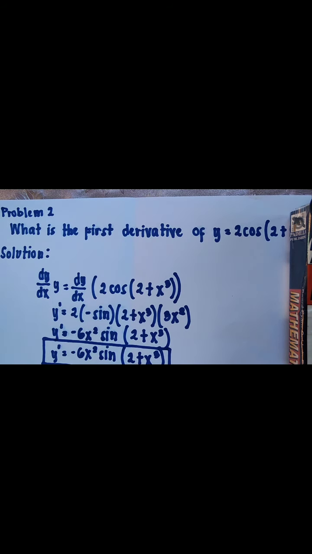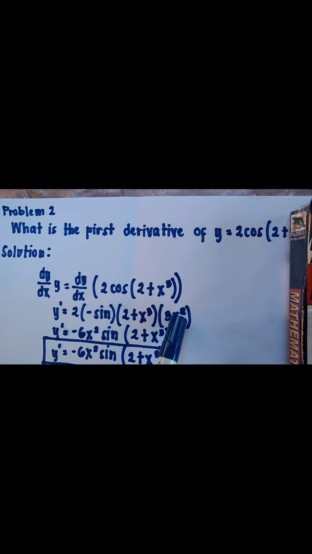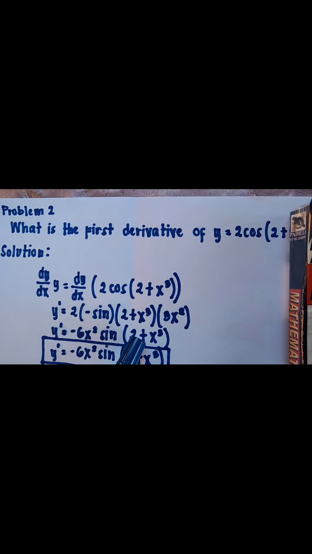Now that we have already derived our equation, y prime equals negative sine times 3x squared, so y prime is equal to negative 6x squared times sine of (2 plus x cubed).